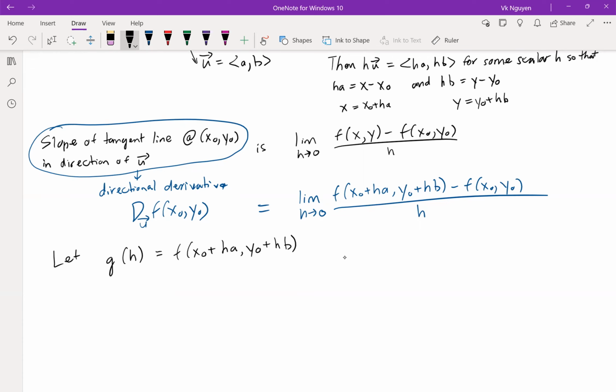So what does that mean? g(0) is going to be f(x naught, y naught).